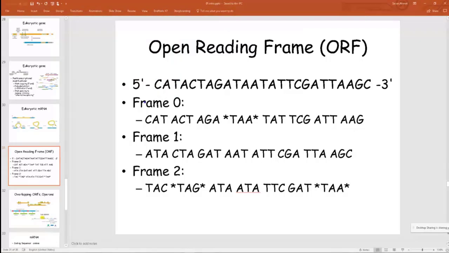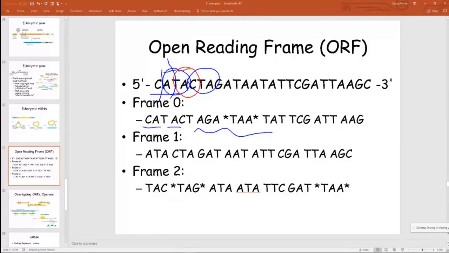So what we'll do is take a DNA and messenger RNA and chunk it into triplets of nucleotides. We could start with CAT, and it will give us CAT, ACT, and so on. Or we could skip the C and start with ATA and convert into triplets of nucleotides that way. Or we could skip C and A and start with TAC.